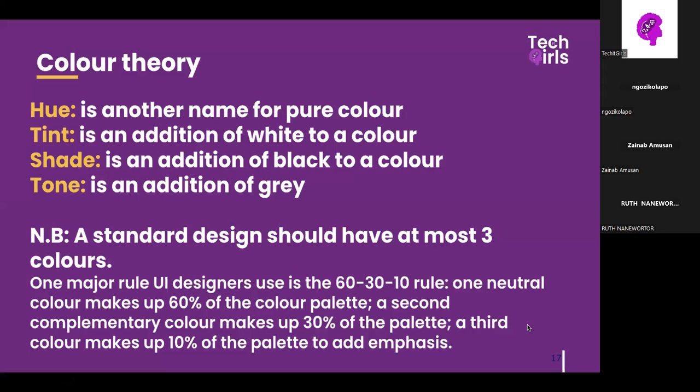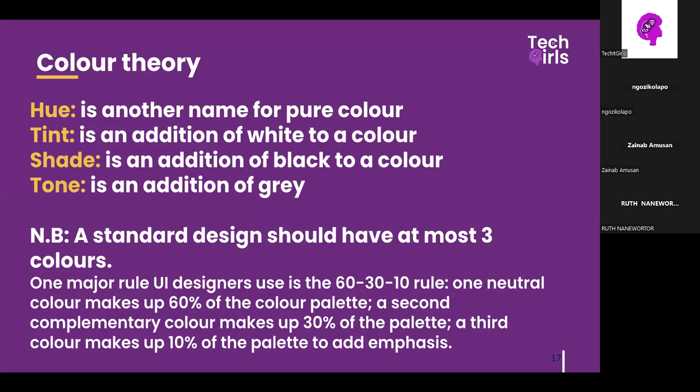So for the color theory, we have the hue, we have the tints, we have the shade, we have the tone. So I'm sure some people that are graphic designers here would understand this for color theories. So the hue is another name for pure color. That hue is how your green is, the pure color of green. This is the color that you want to use. This is the code, you already have it. Then tinted green is when you add white to the color.